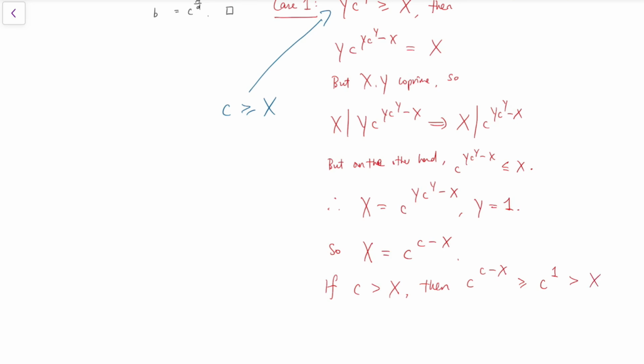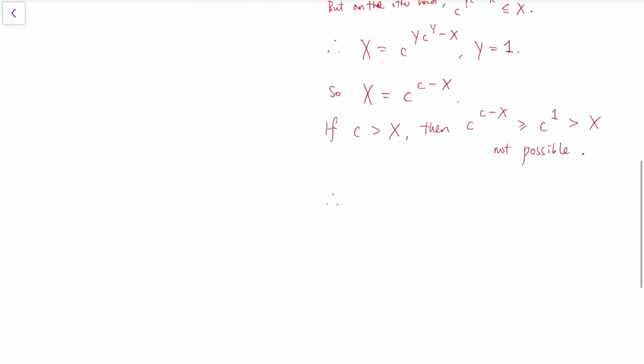And this c is larger than X, but that's not possible. So that means c is equal to X, and so X equals c to the power 0, and that's 1. So c equals 1 as well.